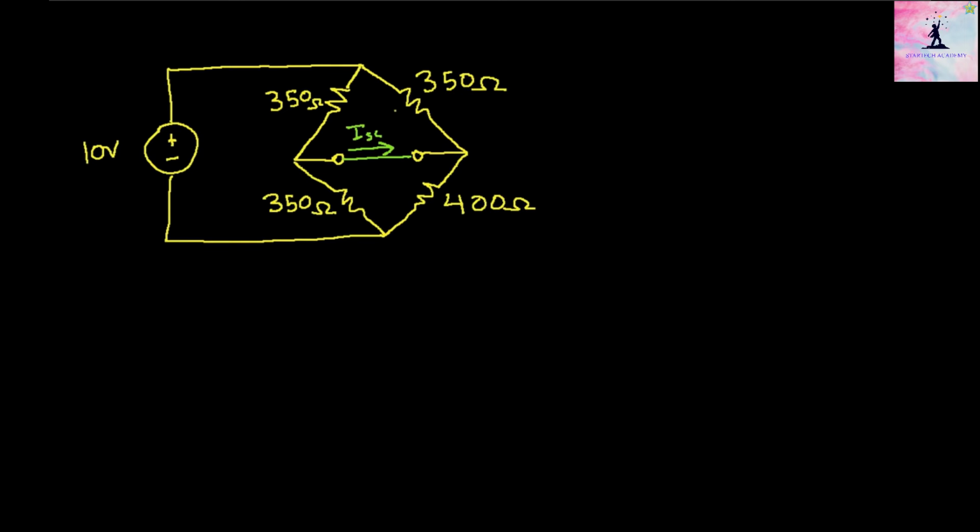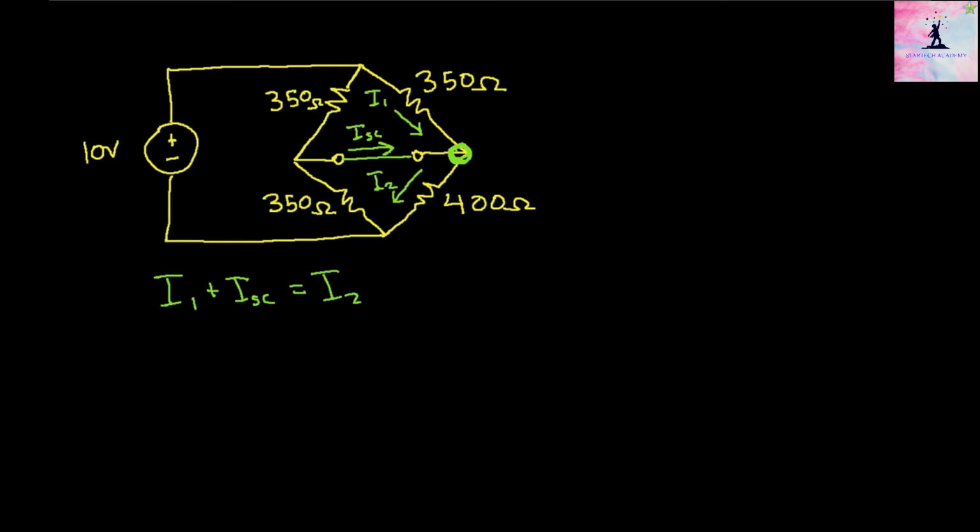If I knew the current going through this 350 ohm resistor, let's call that I1, and the current going through this 400 ohm resistor, let's call that I2, then I could apply Kirchhoff's current law to this point, and I would have I1 plus Isc equals I2. So if I can figure out what I1 and I2 are, we can solve this equation for Isc.